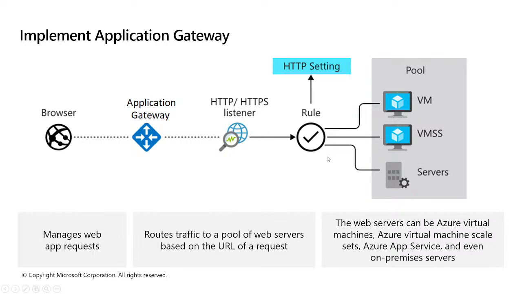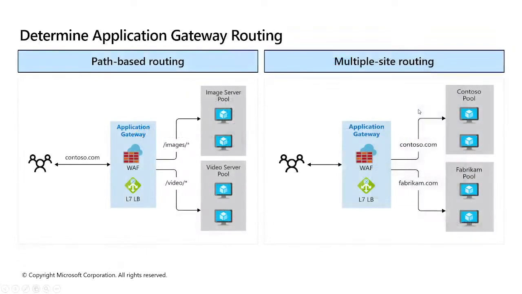So this is the rule. We've got the listener, which is femi.com, then the rule, and then the request is redirected to the pool which is hosting that particular resource. This was the path-based routing I was just talking about.